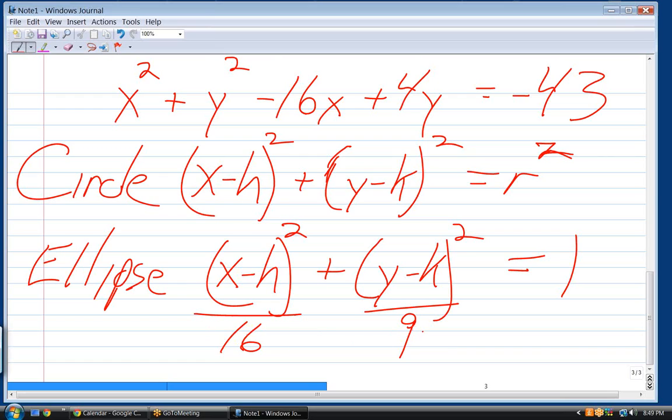So A is bigger than B, A is under the X, that's a horizontal ellipse. If I reverse these and they gave you something like this, then I've got a vertical ellipse where this measurement is 4, this measurement is 3.